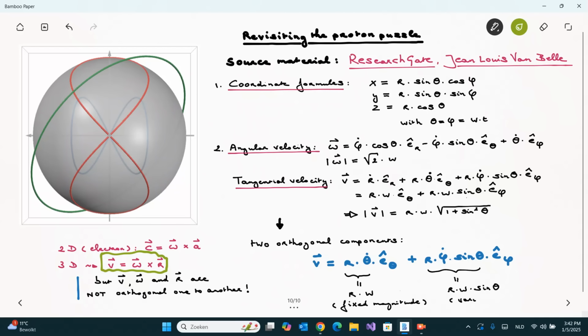It's not a mere generalization, and your interpretation of an angular velocity vector becomes a little bit different. It has constant magnitude, but when you try to decompose your tangential velocity into other vectors that you would think are perpendicular, well, we get another decomposition here.